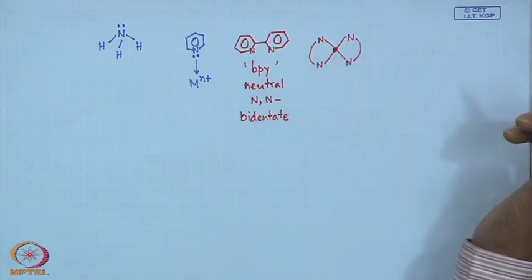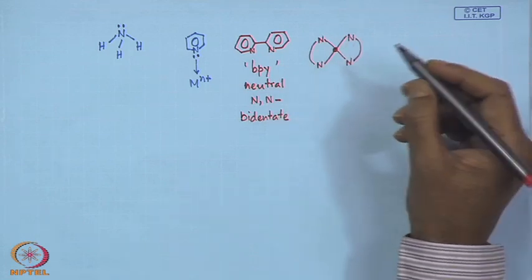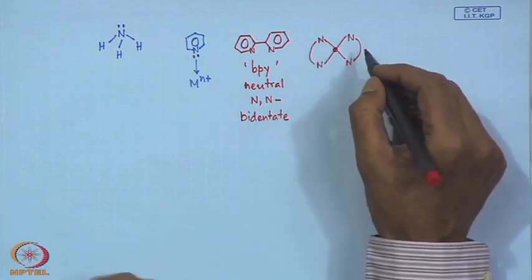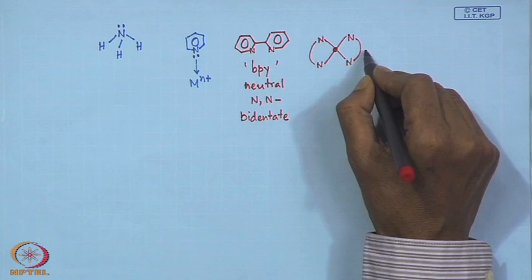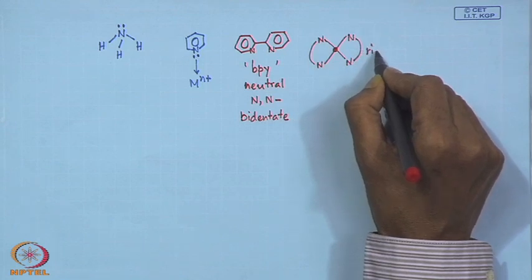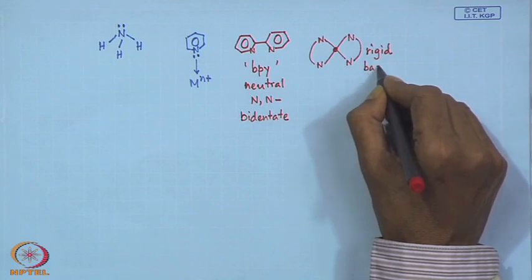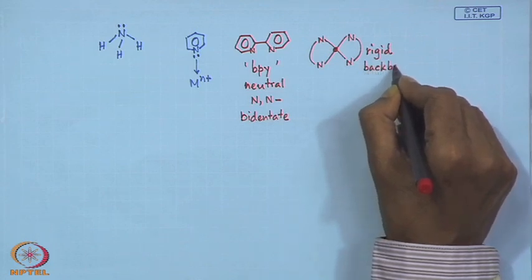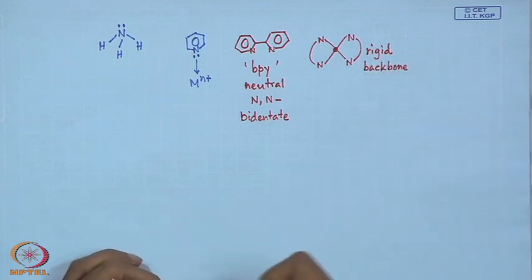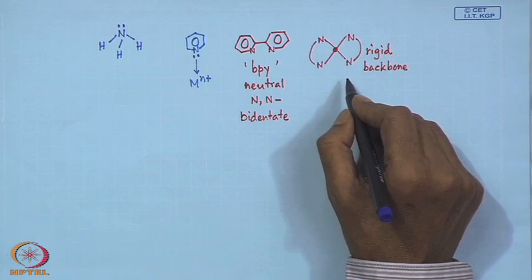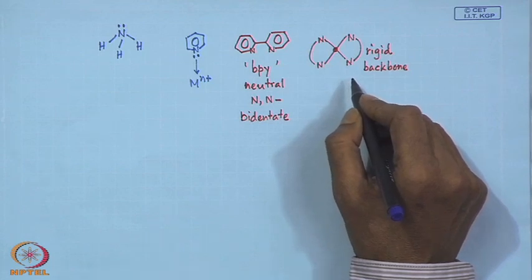If it is a bis compound, we get a bis compound of this type, but compared to the ethylene diamine backbone, it has a more rigid backbone. So, the property, the catalytic activity and all other things would be different compared to the corresponding ethylene diamine molecule.